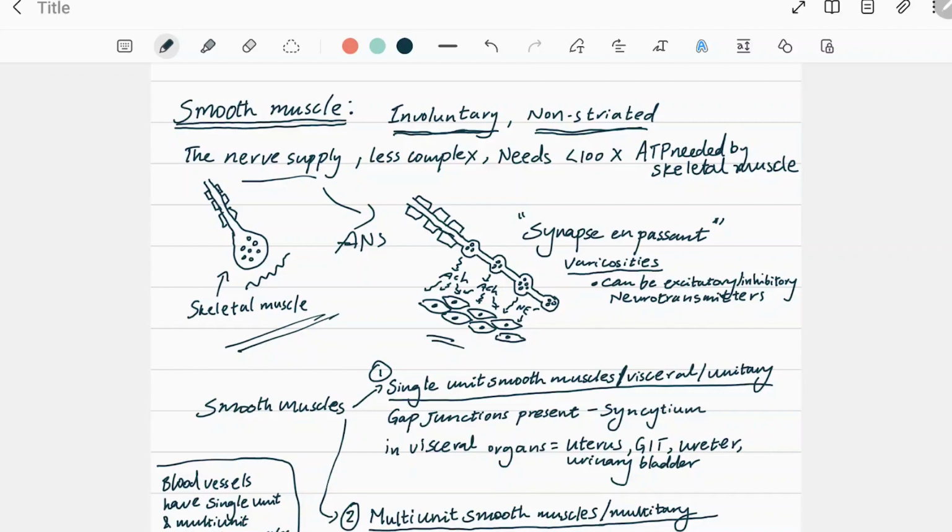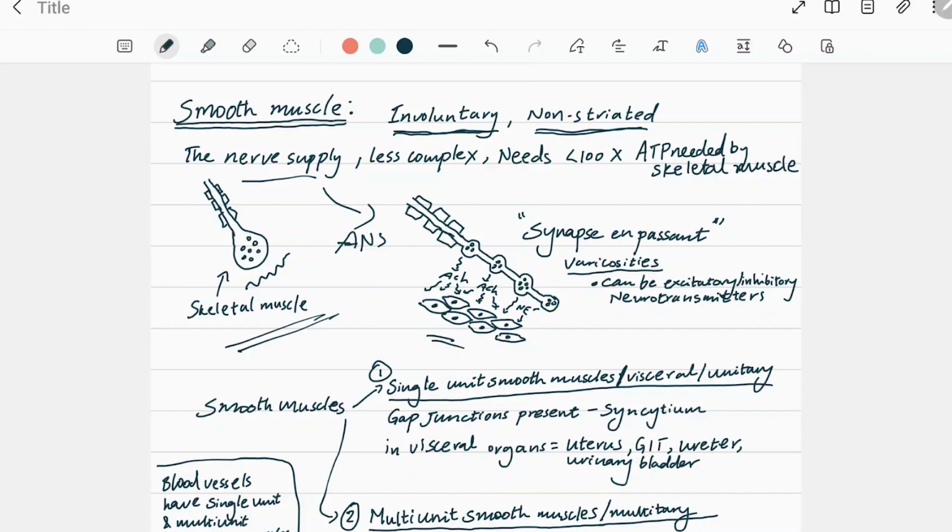And there can be a lot of distance between these varicosities and the smooth muscles. Why? Because it's able to spray the neurotransmitters from quite a height all the way down onto the smooth muscles.